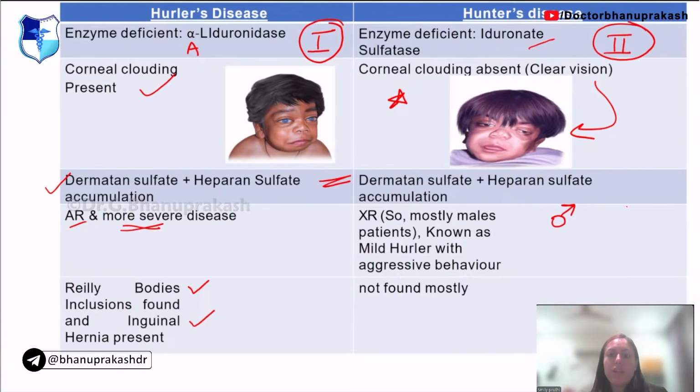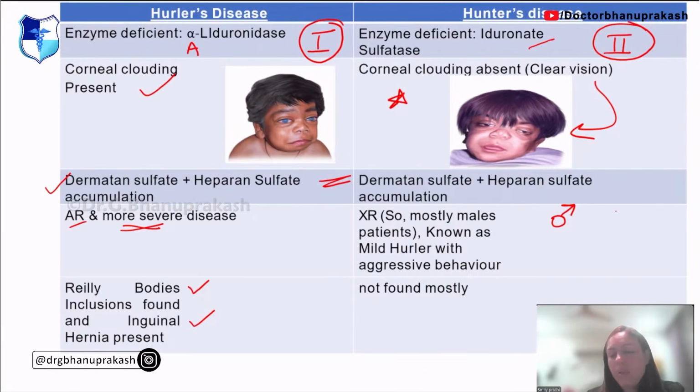So can you see the relation with the name Hunter? Hunter is a person, usually a male person, who is aggressive, right? And any hunter should have clear vision, right? Any aggressive person will kill others, okay? Do the hunting. So it will help you learn so many points.